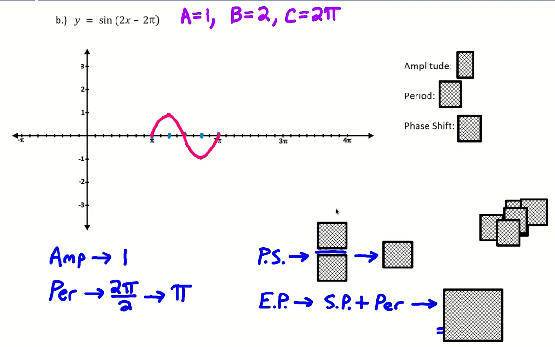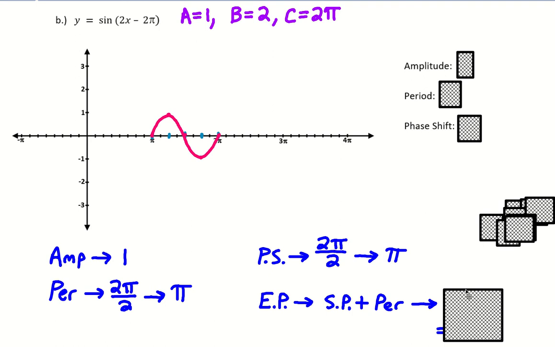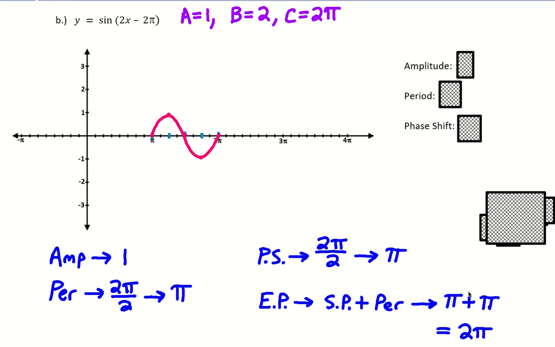Our phase shift is going to be C over B, and so that just becomes pi. And so that means our phase shift, which is also our starting point, is going to be right there. And our ending point, again, is always our starting point plus our period. And so our ending point is going to be at 2 pi.